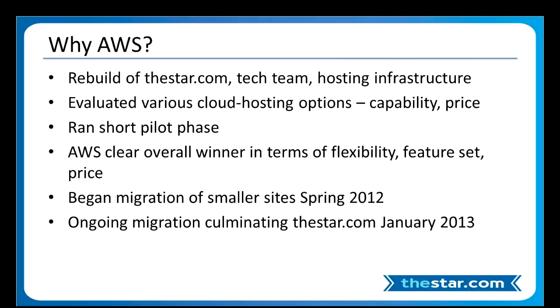Over 2012, we migrated our larger sites one at a time onto Amazon, our automotive vertical, our local directory vertical. These sites have increasing amounts of traffic, so we're able to test scalability and our ability to operate within the Amazon cloud.